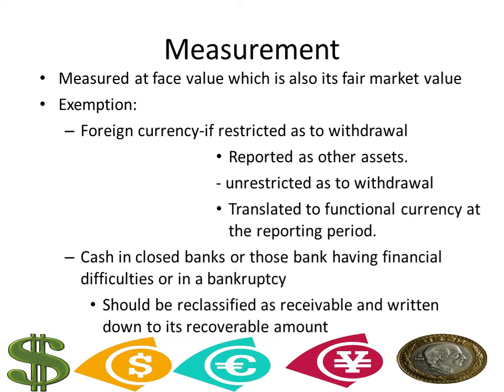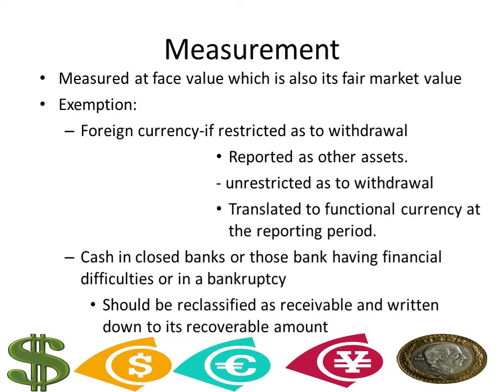Next, we also have cash in a closed bank, or a bank having financial difficulties or bankruptcy. Take note, with this particular bank, you cannot automatically withdraw your money because they are closed or have filed bankruptcy. Like now, in COVID times, a lot of companies would close.